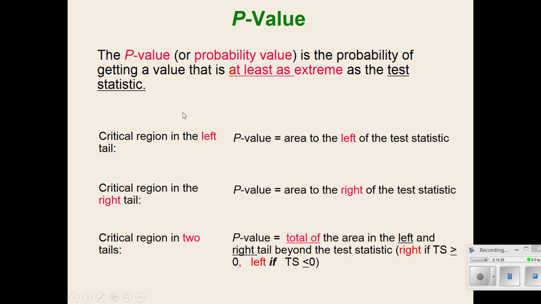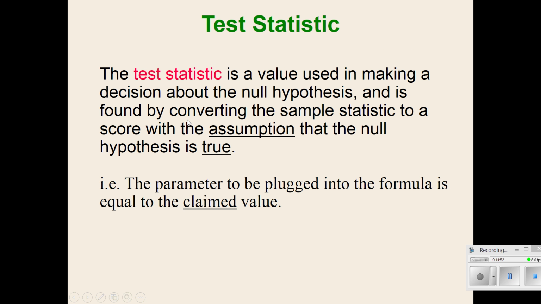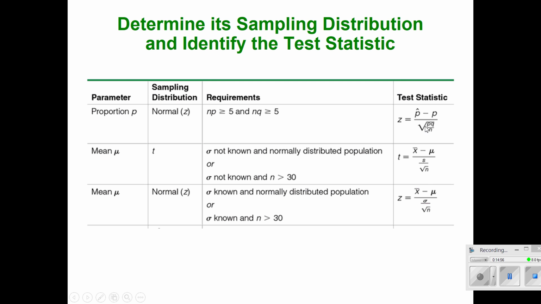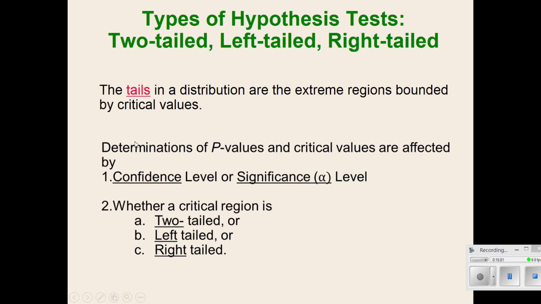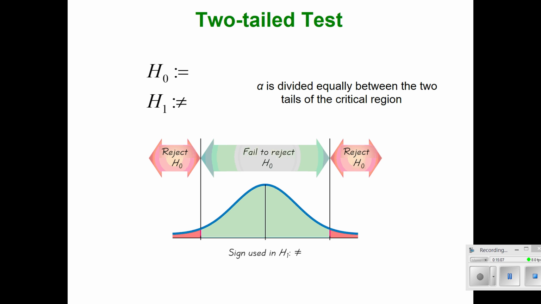Then we have something called the p-value, which is attached to your test statistic. The test statistic, we figure that out using the sample statistic, turning it into a z-score or t-score with one of these formulas. Then, based on whether we have a left-tailed test, a two-tailed test, or a right-tailed test, we'll be looking at a certain side.